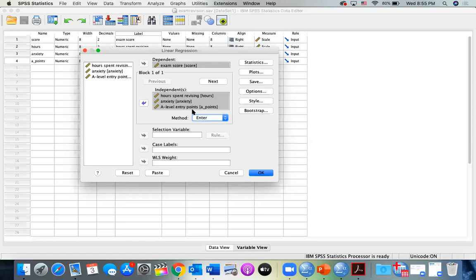So basically, we are forcing SPSS to include all of the predictors that we want. So by choosing different types of method like stepwise or remove, backward or forward, those are kind of the variable selection approach of using linear regression in SPSS. So just keep it enter and then click on OK.